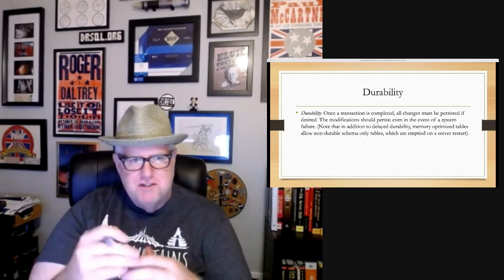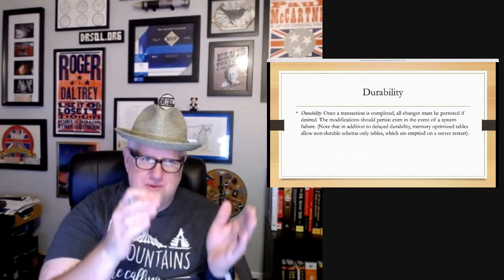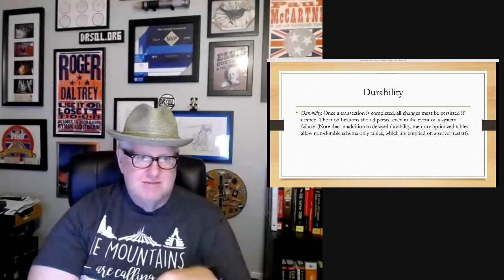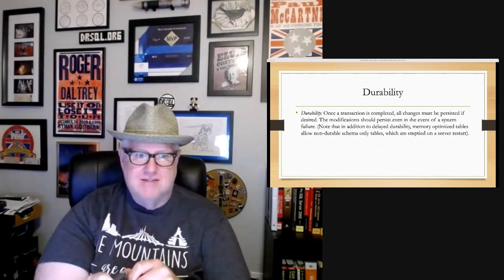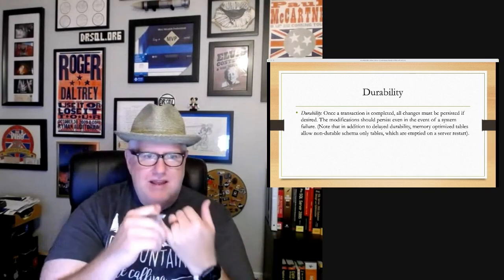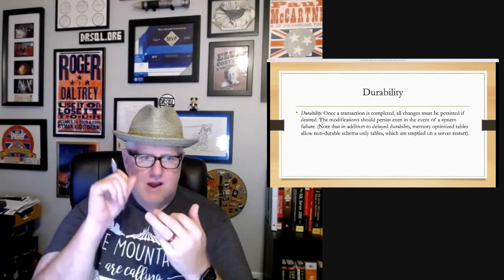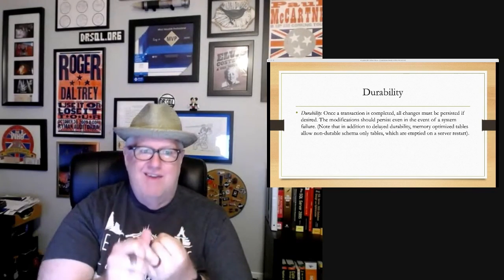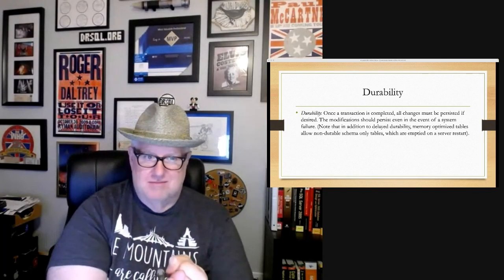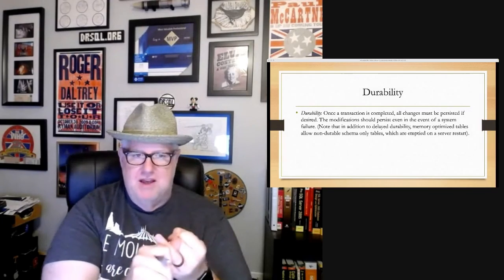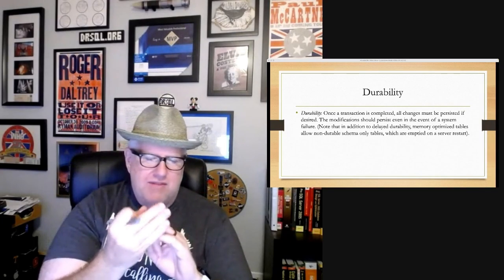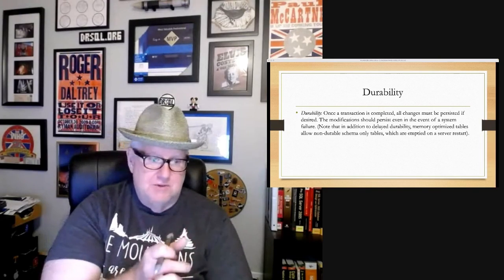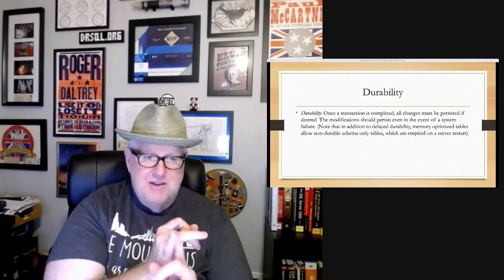But there's a bunch of things that can happen between the time you write that commit statement and the time the server crashes, right? It should be written to disk. Every transaction, even memory optimized transactions, is written to disk before you hit commit transaction, if you ask for it to be. It used to be the only way it could be done. There's two ways you can get around that: a synchronous call to write to the disk, or you can use delayed durability.